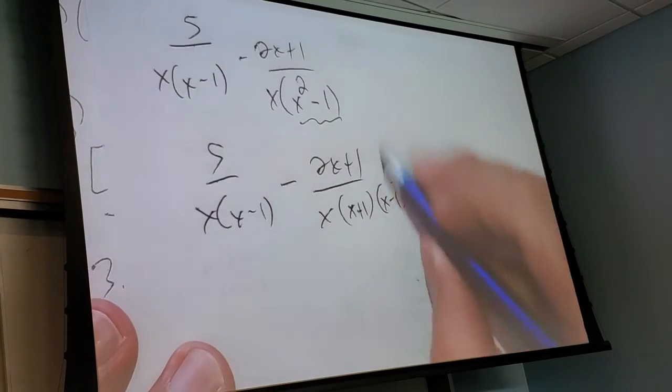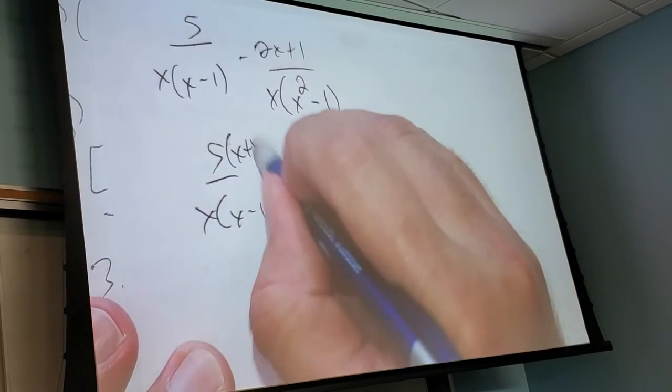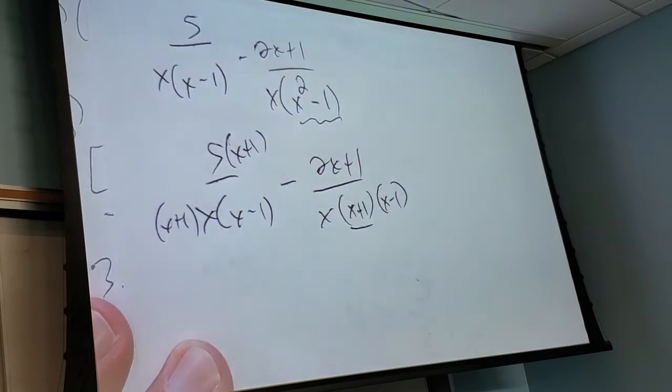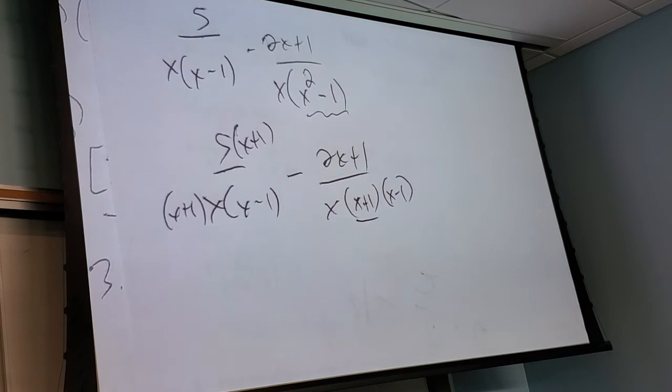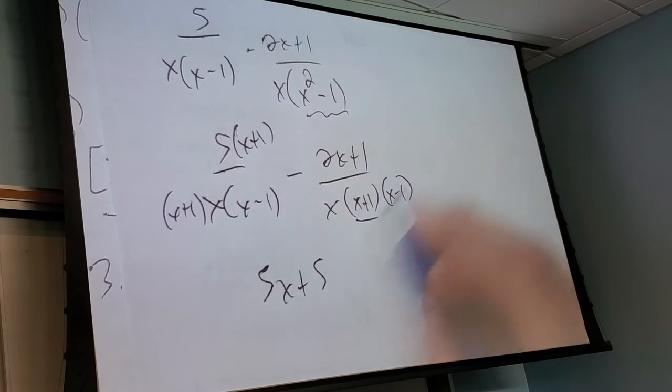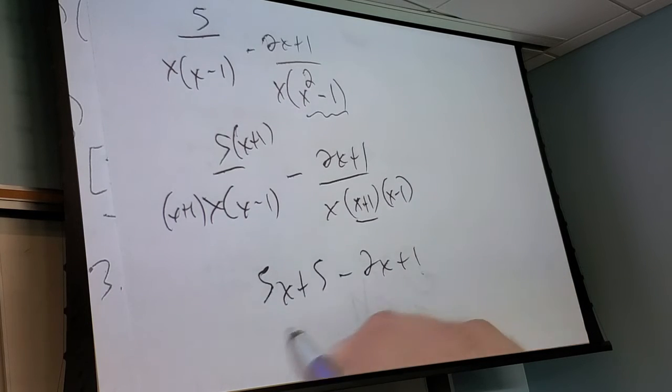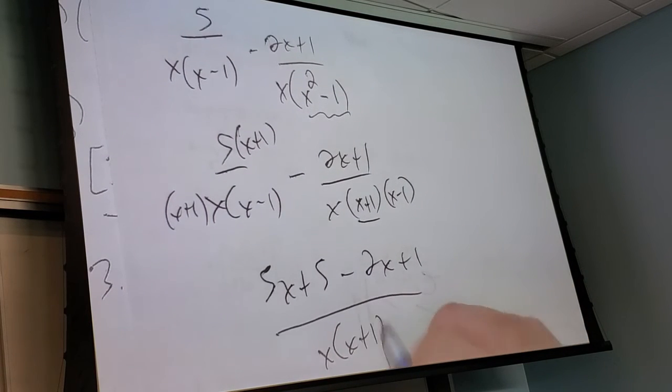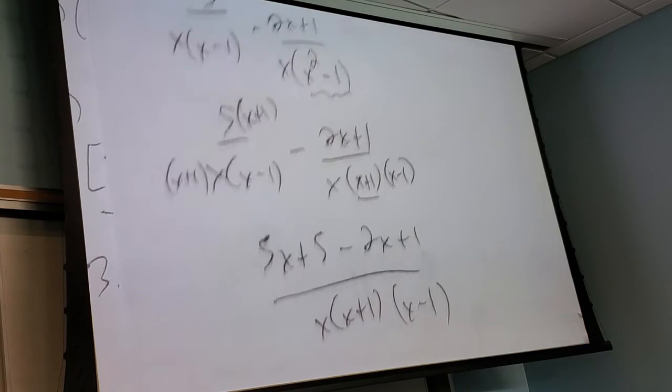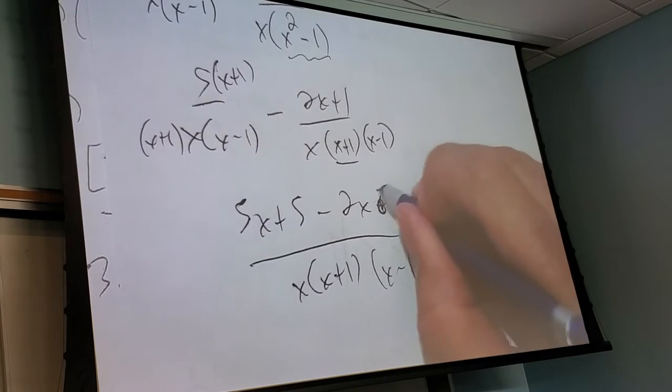Yeah, the first guy needs an x plus 1. If I give him that, they both have the same thing, right? So I have 5x plus 5. Now I'm going to make a mistake. I've made a mistake. You didn't distribute the negative. Right, I've got to distribute that negative, and that should be a minus 1, right?